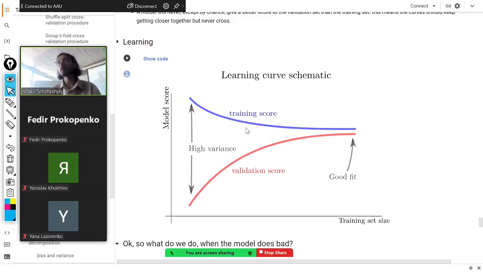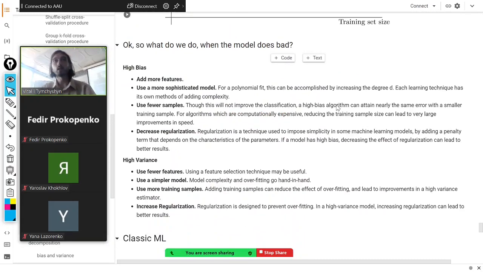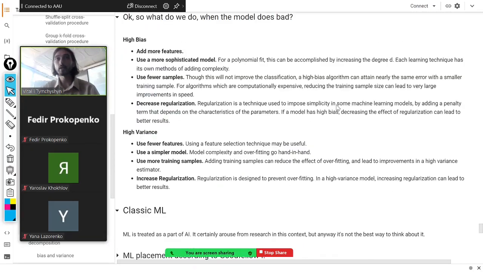Of course, because I have more data, it's more work to do with that data. But my validation score gets bigger because now the model cannot overfit. It is forced by me to generalize that data. It can't just remember all inputs and give me the outputs. It should generalize somehow. So I force it by increasing my training set.